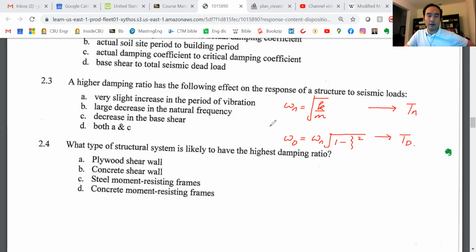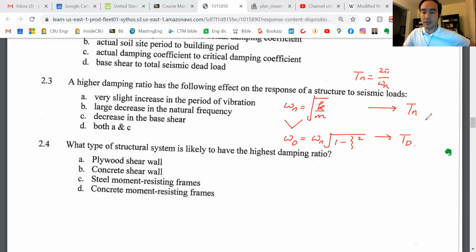So if you have a higher damping ratio, that means we will have a higher amount of damping, so omega d is going to be smaller than omega n. Tn is going to be 2 pi over omega n, or omega n is going to be 2 pi divided by Tn.